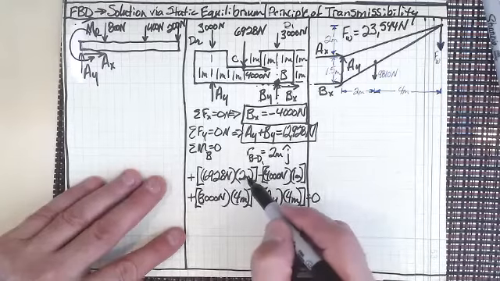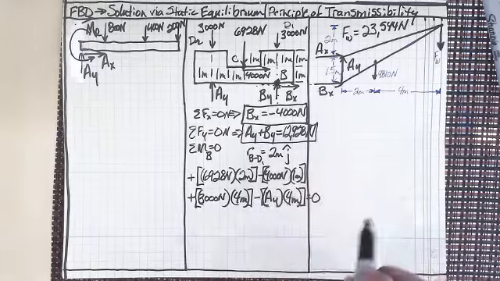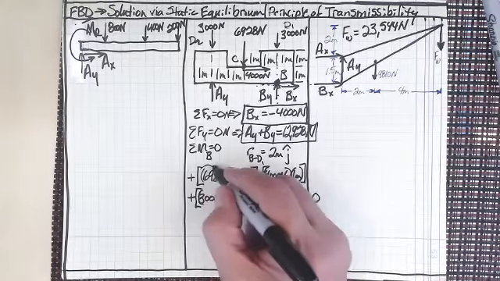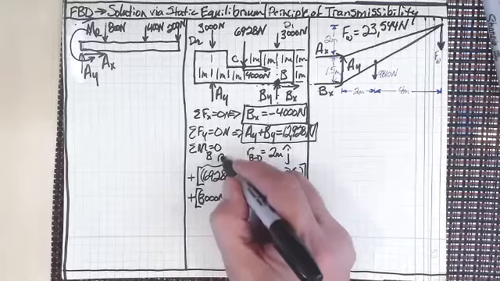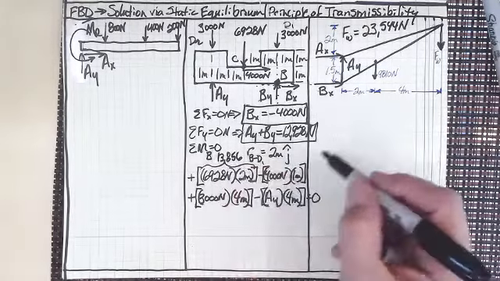So 2 times 6928. 2 times 6928. Oops, forgot to turn it on. 13,856. All right.